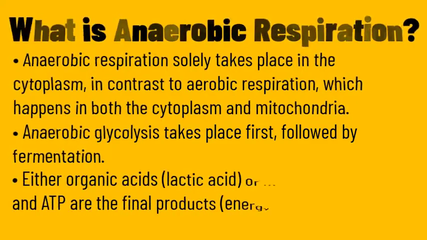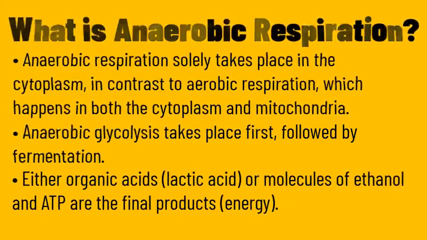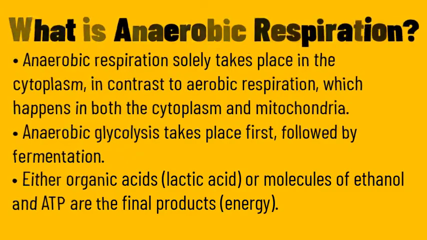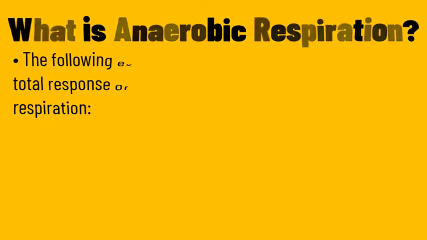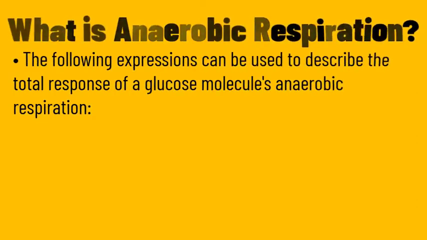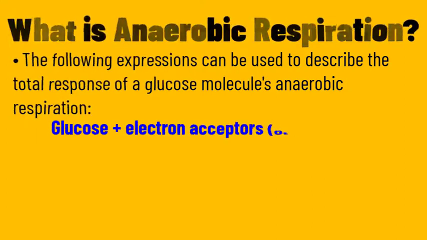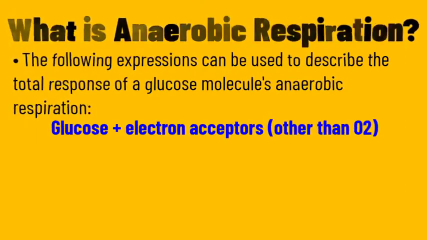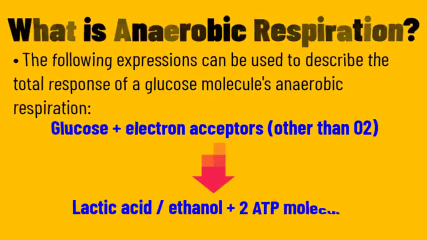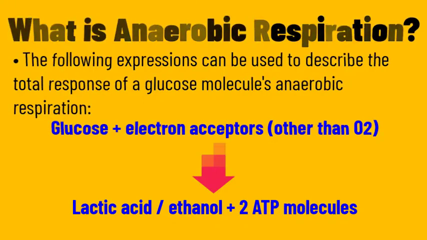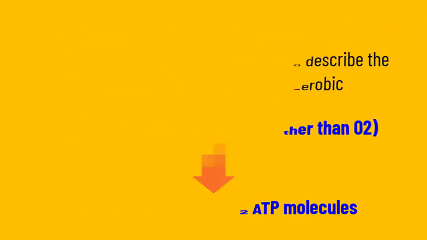Either organic acids, lactic acid, or molecules of ethanol and ATP are the final products. The following expression can be used to describe the total reaction of a glucose molecule's anaerobic respiration: glucose plus electron acceptors other than oxygen equals lactic acid or ethanol plus 2 ATP molecules.